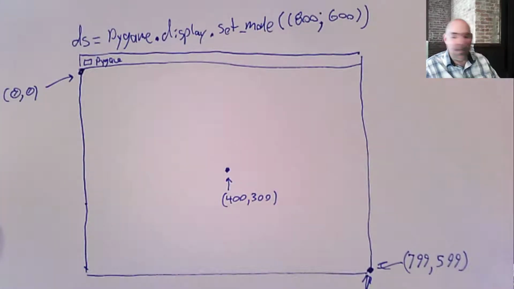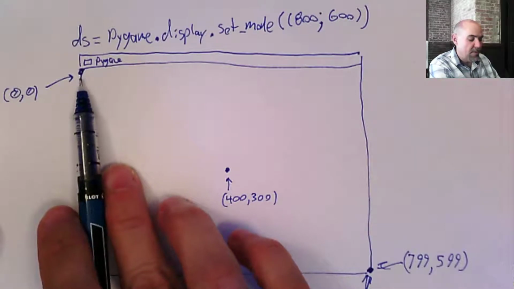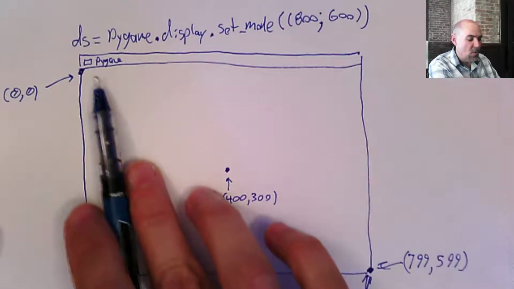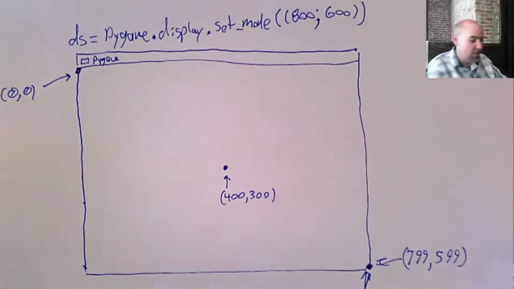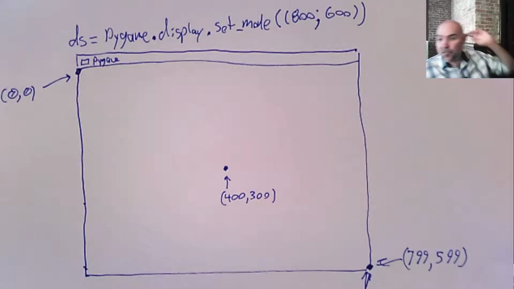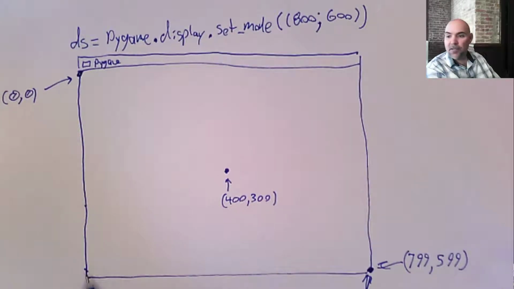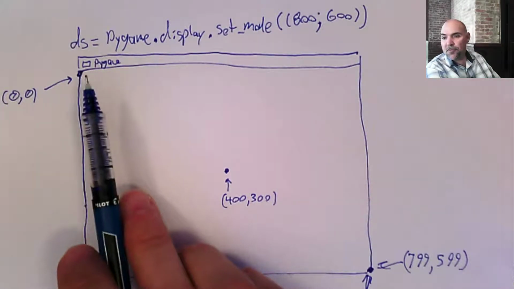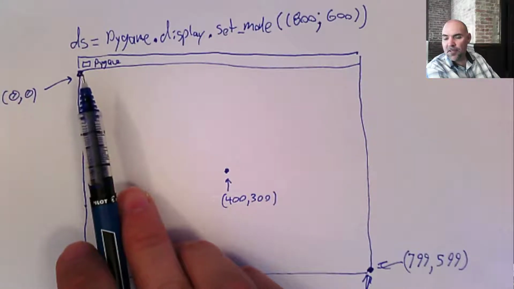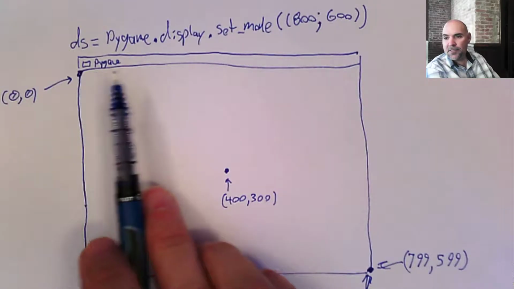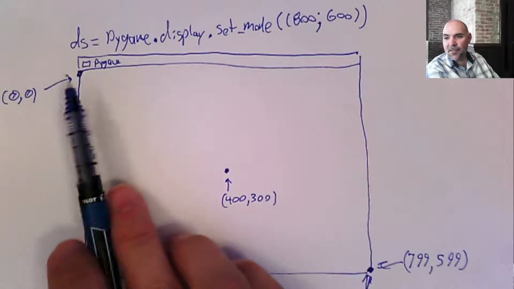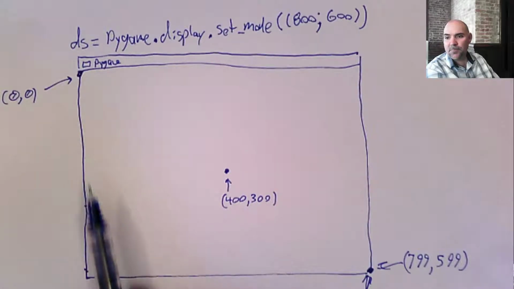But note that, so notice the X increase is going this way, Y increase is going down. And that's backwards from what you're used to in the Cartesian coordinate system, where 0, 0 is down here. So this is actually using what's called screen coordinates, and that's typical of programming, is that it's more like a book, that you think of it like as rows and columns, and the column increases going across, that's our X, and then the other one increases going down.